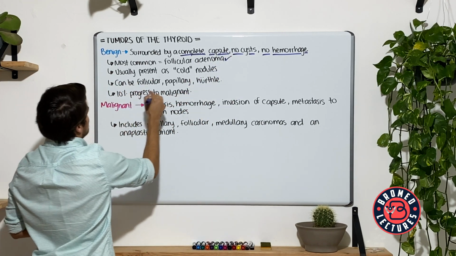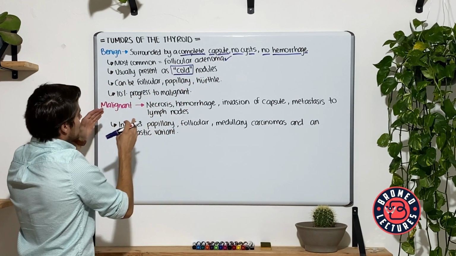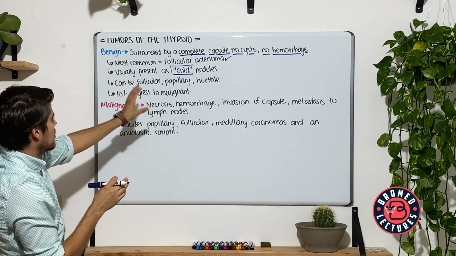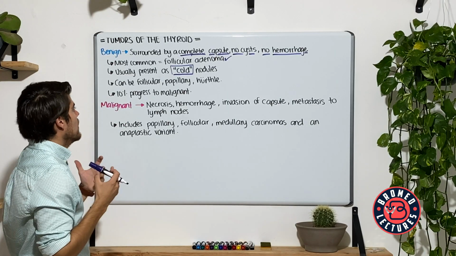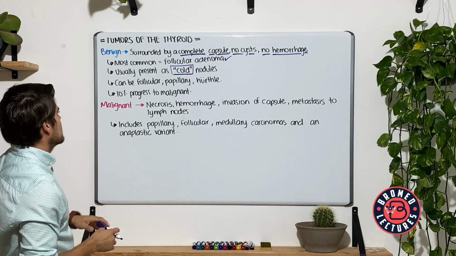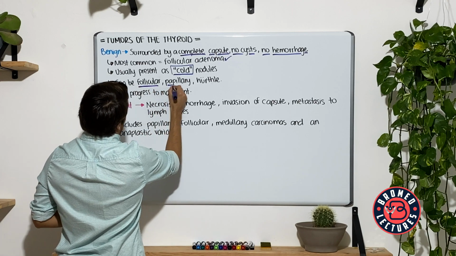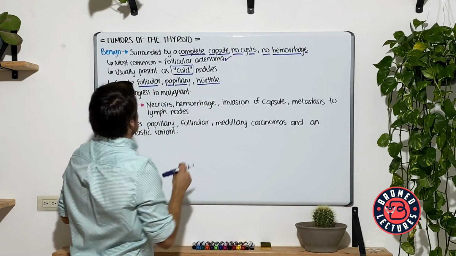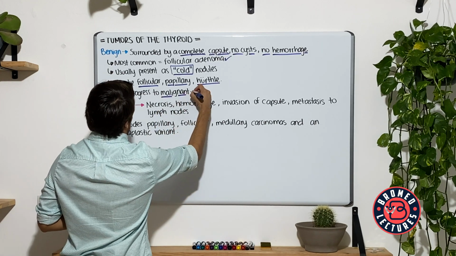They usually present, as we've seen, as cold nodules, and the benign and malignant nodules are usually cold nodules. That's the reason behind performing fine needle aspiration on all of these cold nodule presentations. They can be follicular, papillary, Hurthle cells, and 10% of them progress to malignancy.